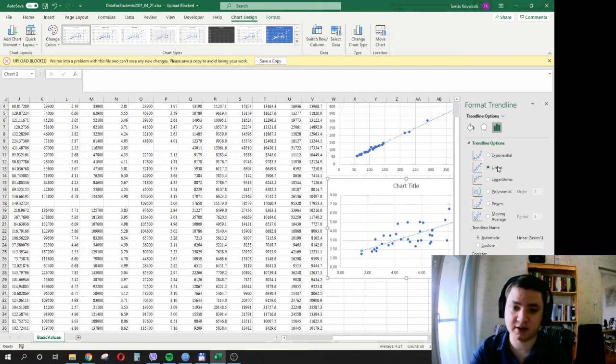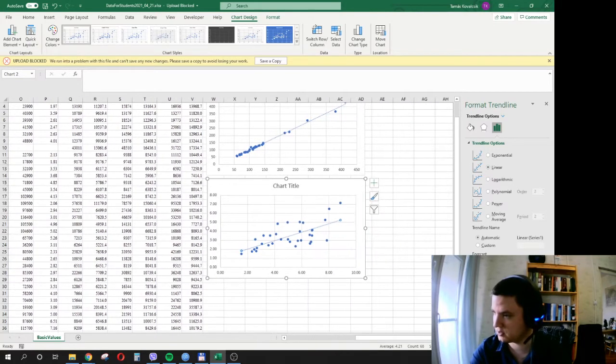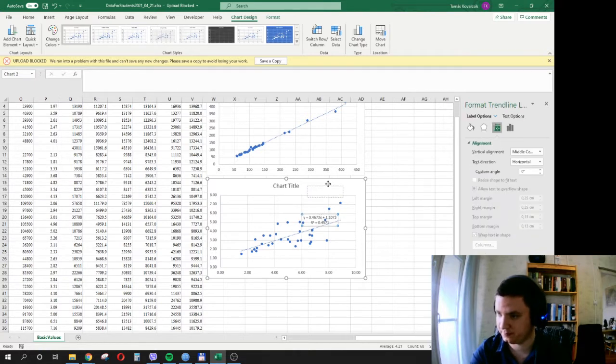Linear is a very important thing, and display equation and display R squared as well.